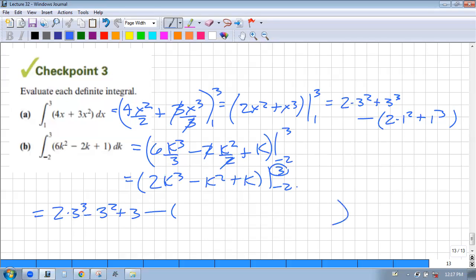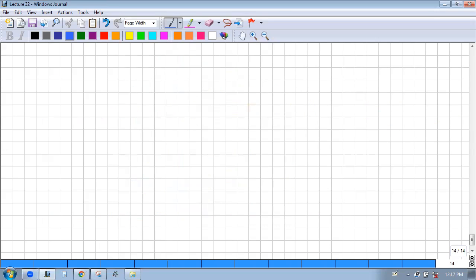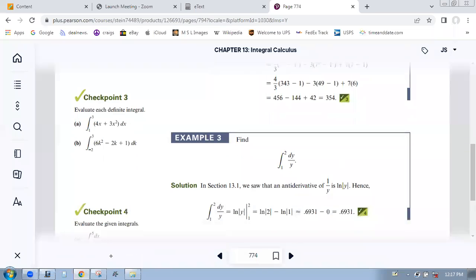Subtract, and then plug in the -2. 2 minus -2 squared plus a -2. So the hardest part in this problem is keeping track of all these minuses in your parentheses, right? Any questions? Easy, right? Stuff's easy so far. All right, let's do it.